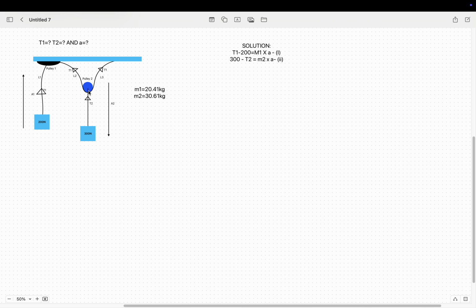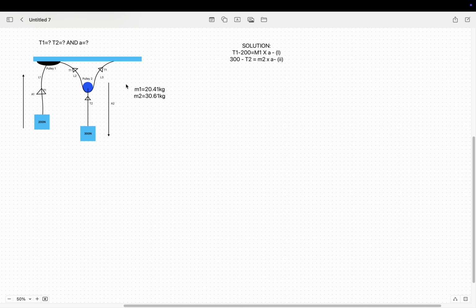Let us assume there is an L2 length starting from pulley 2 ending at pulley 1, and there is an L3 length starting from the ceiling ending at pulley 2.